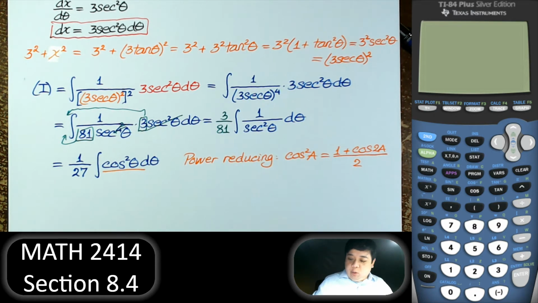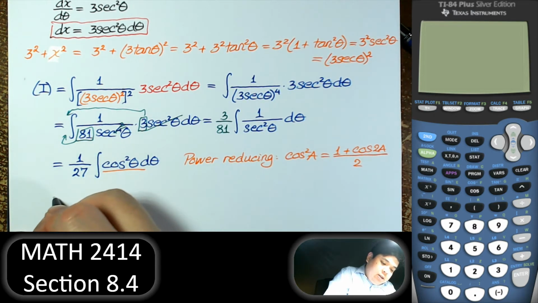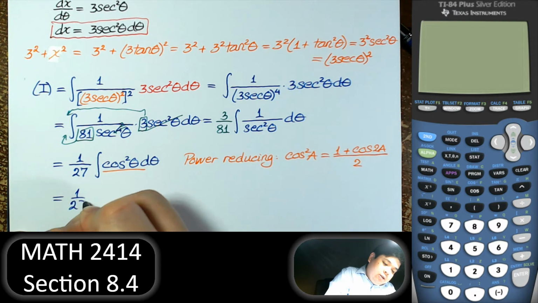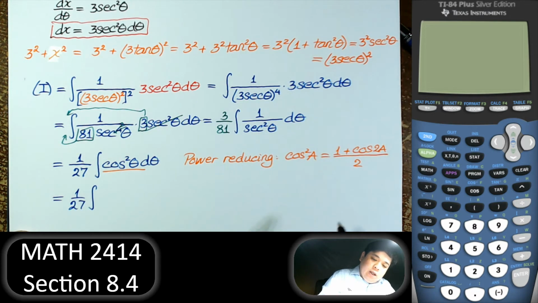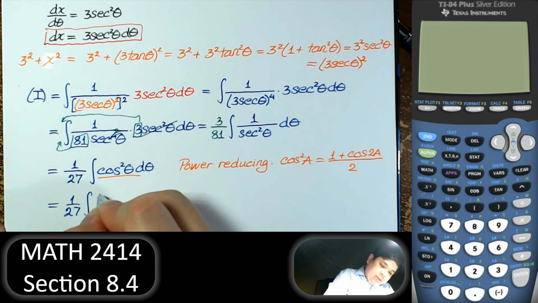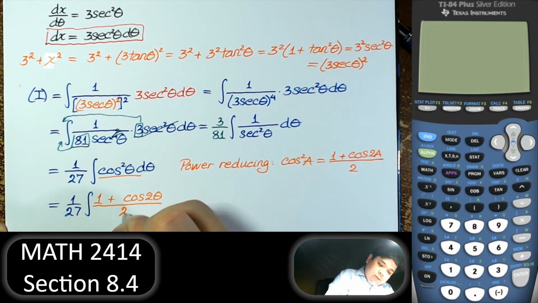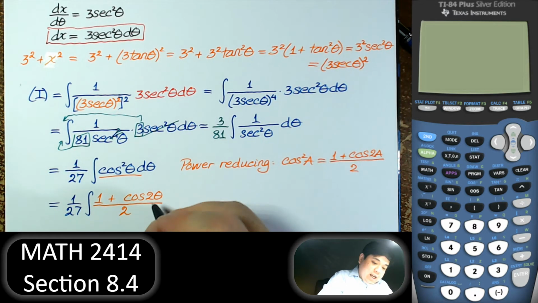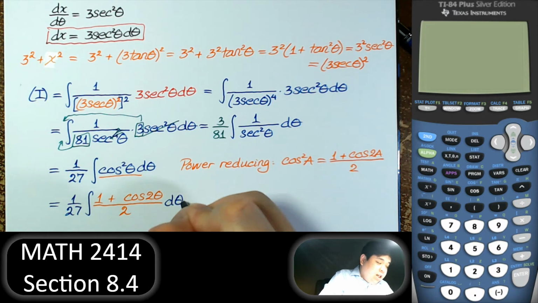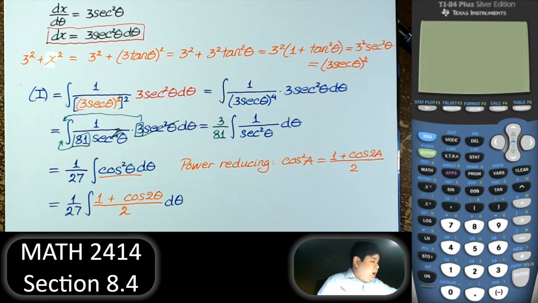And now we write that for cosine squared. And of course after that, when we integrate, there will be sine and then we use double angle.